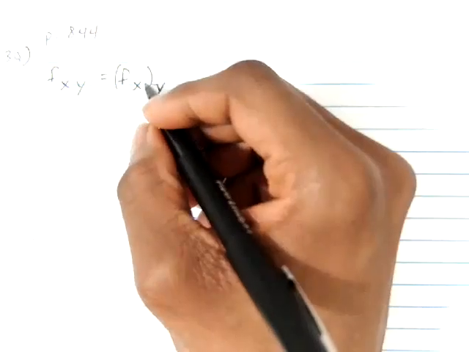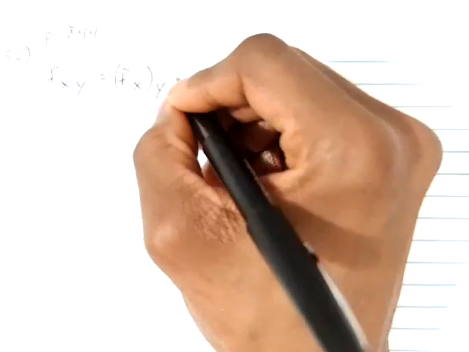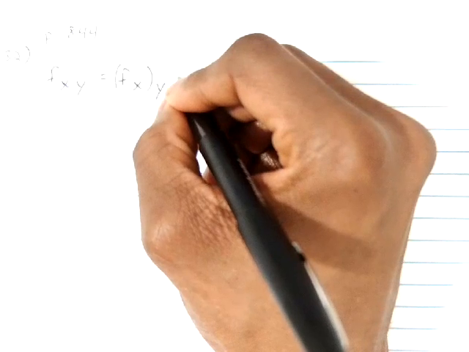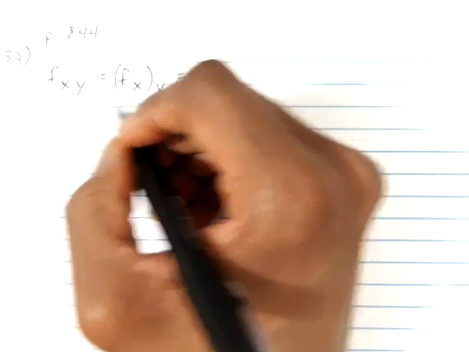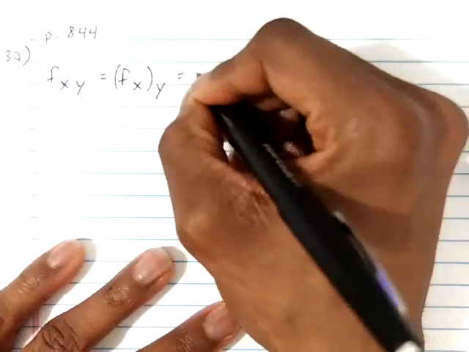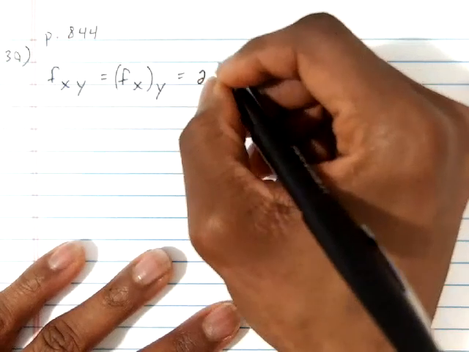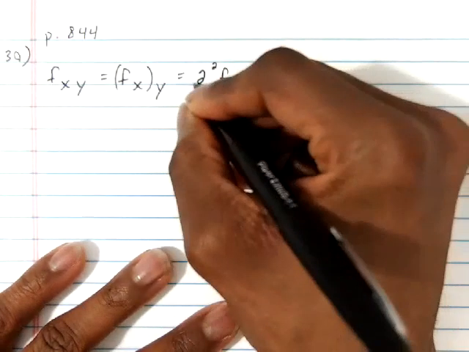So now there are other notations for this, and I'll write down some of the other notation. This is what's called a second partial because we're taking two partial derivatives. So we can also use this notation that this is the second partial of f.